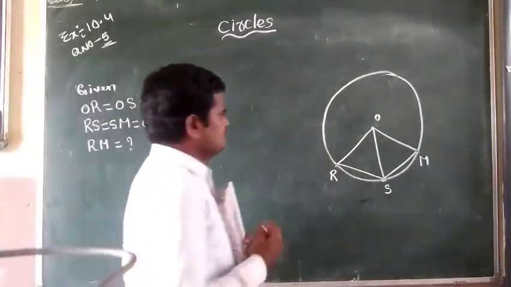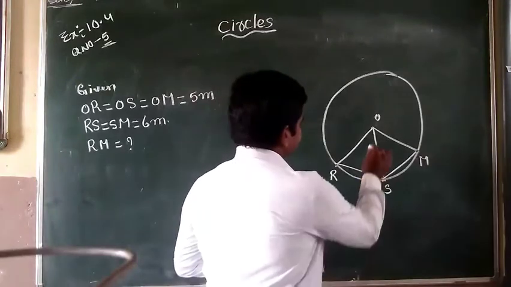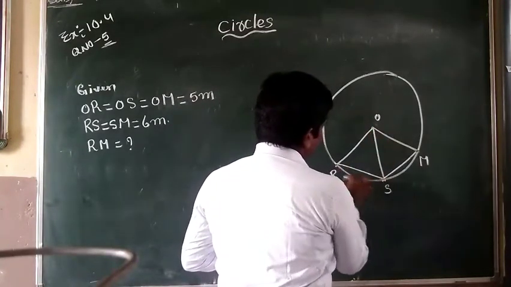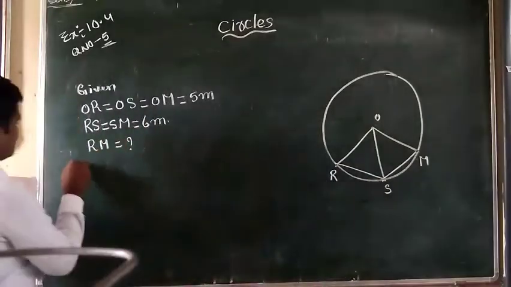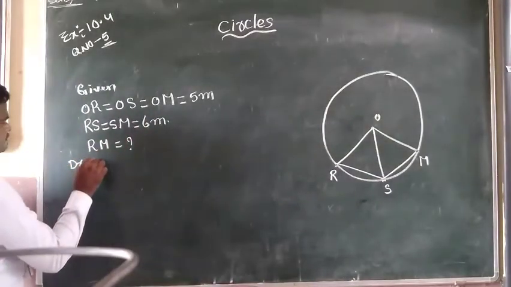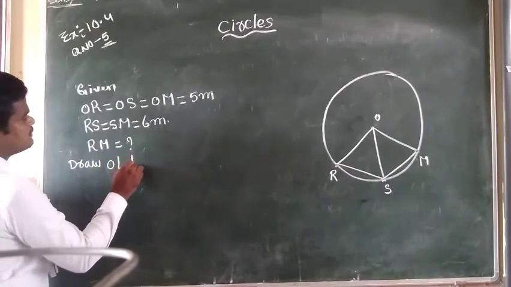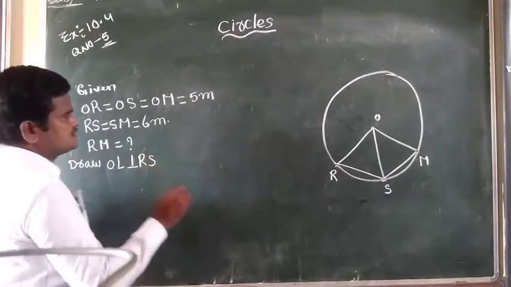Now draw a perpendicular from the center of the circle to RS. Draw OL perpendicular to RS.